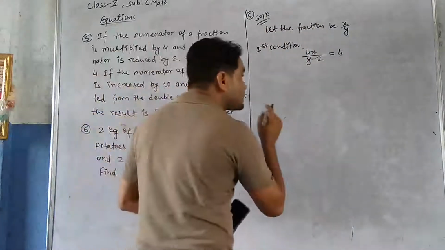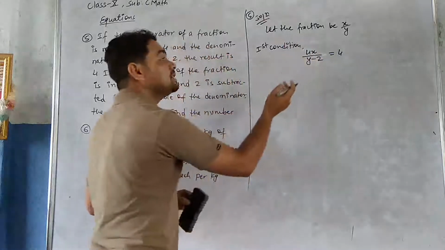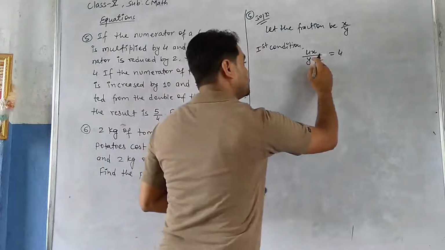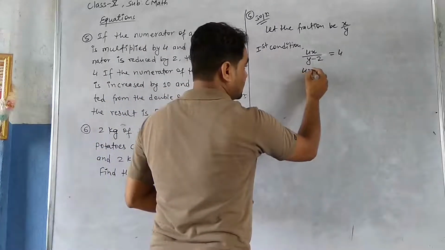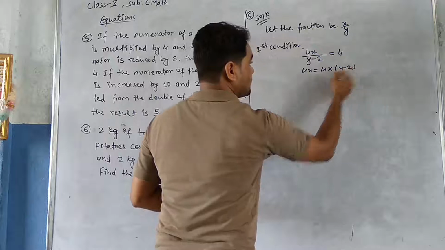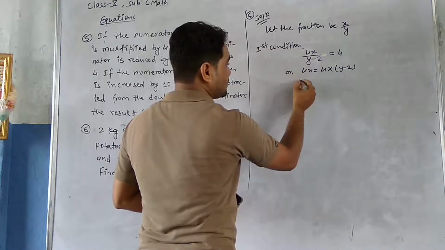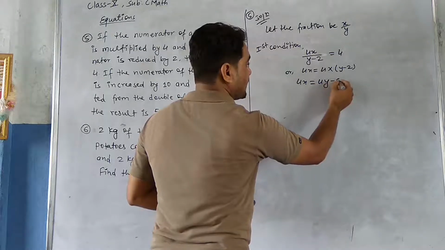From the first condition, since y minus 2 is in the denominator in divide form, when we take it to this side it becomes multiply. So we make 4x equals to 4 into y minus 2. Then 4x equals to 4y minus 8.